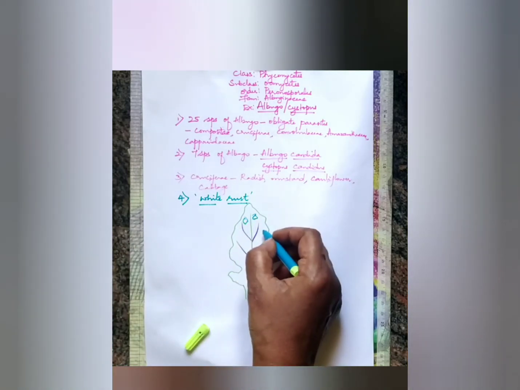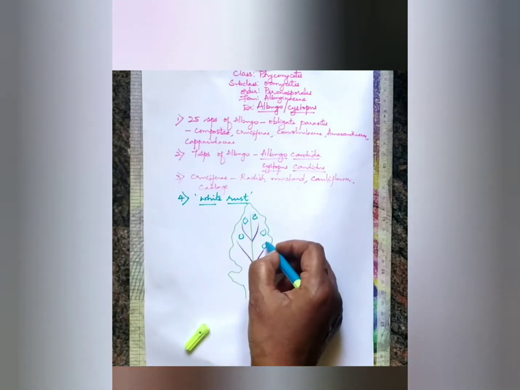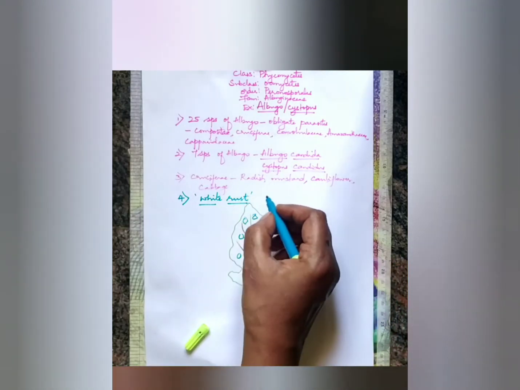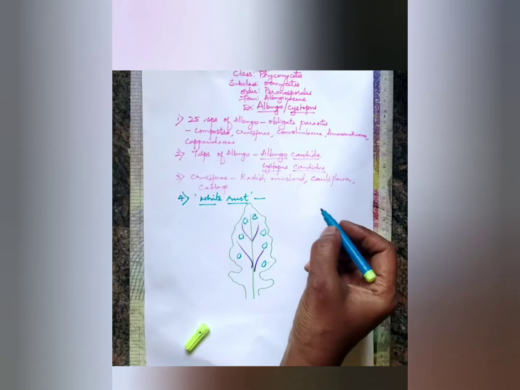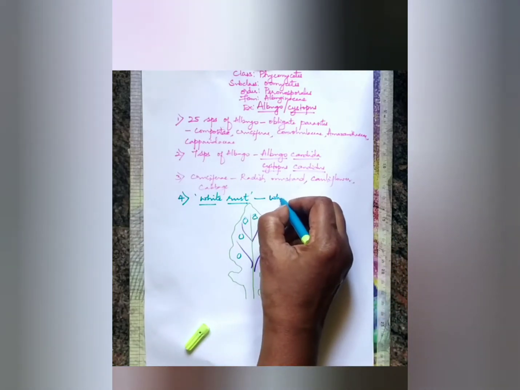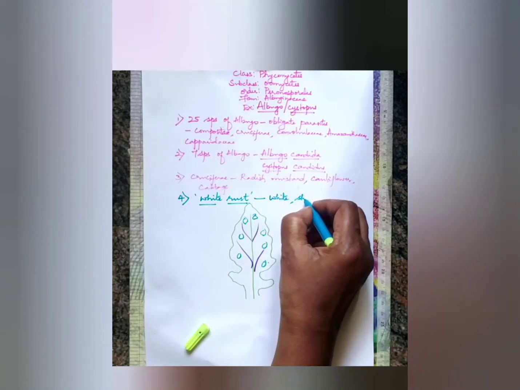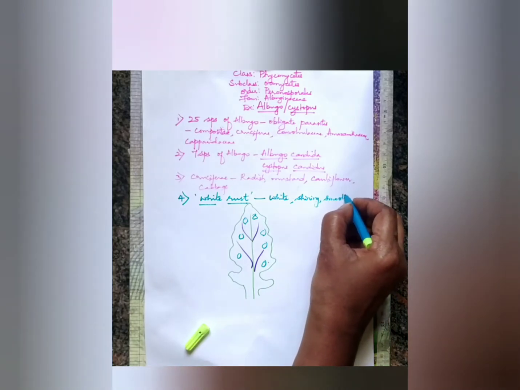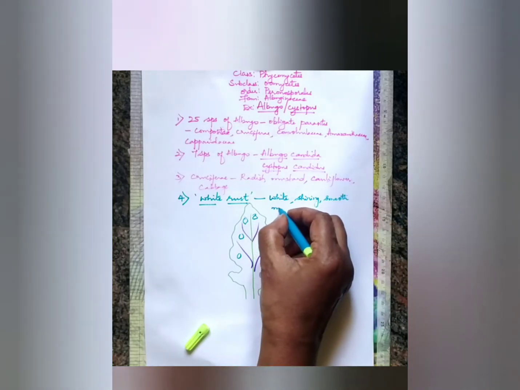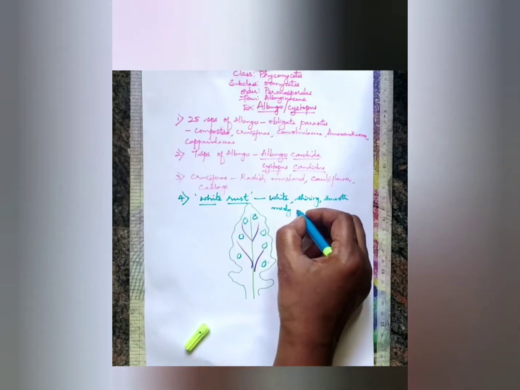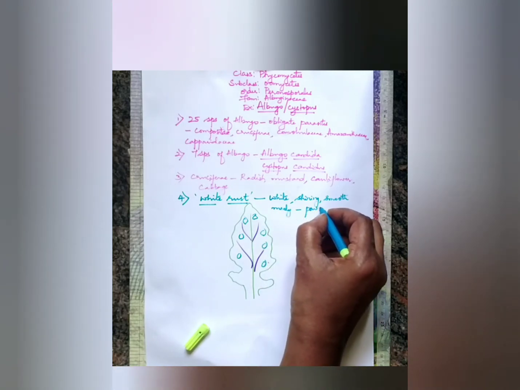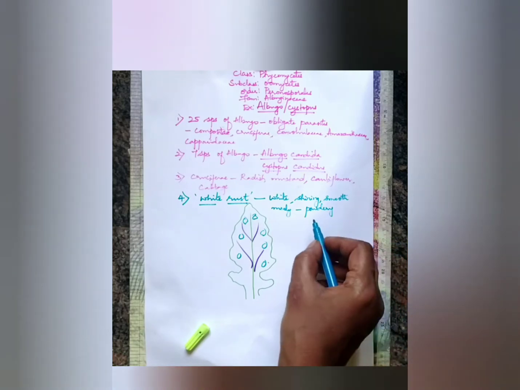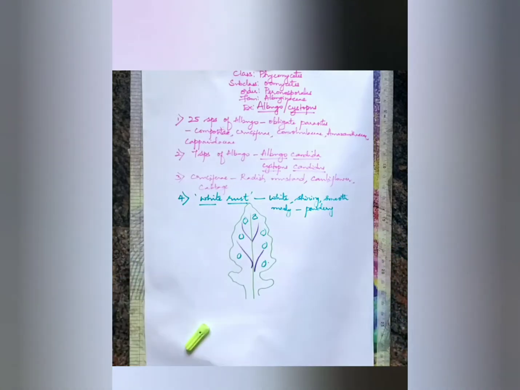Hence it is called the white rust disease. So the major symptom of the white rust disease is white, shining, smooth, mealy patches, which later become powdery in appearance. This is the main symptom of the disease.